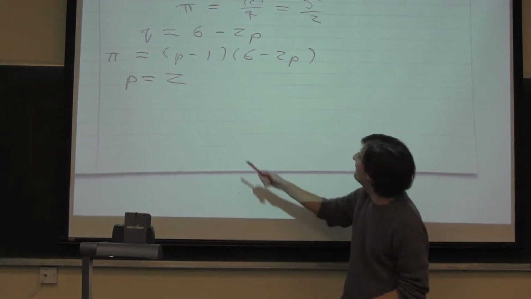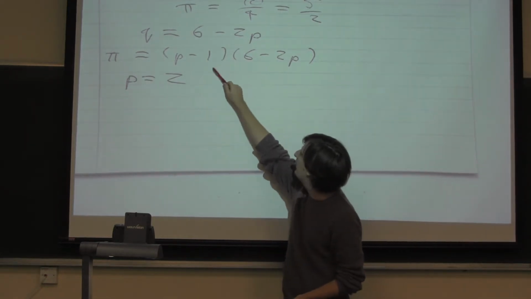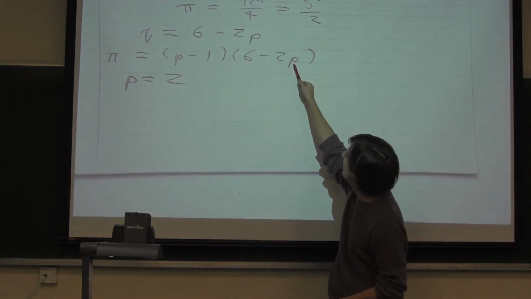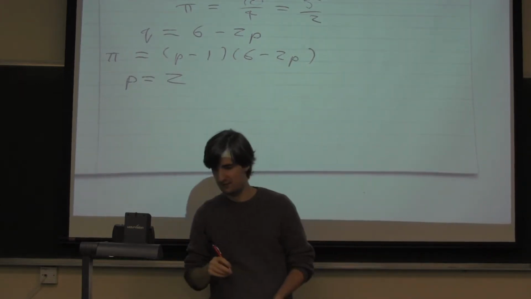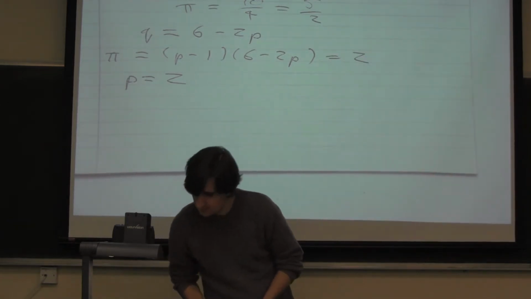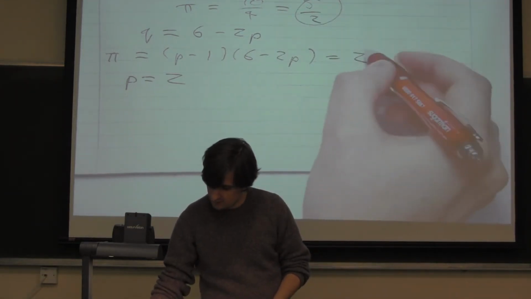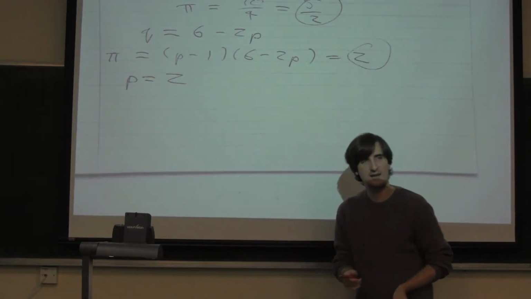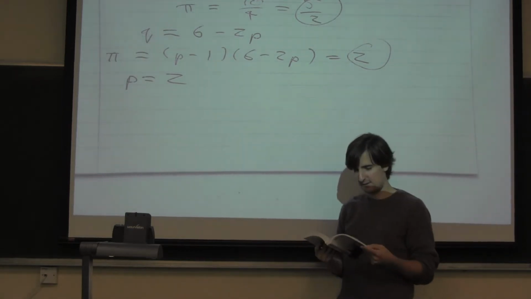In this case, profit is 2 minus 1, which is 1, times 6 minus 4, which is 2. So 1 times 2 is equal to 2. So with price discrimination, we get 5 over 2. Without, they get 2. So they're getting another half of a unit of profit by being able to price discriminate.